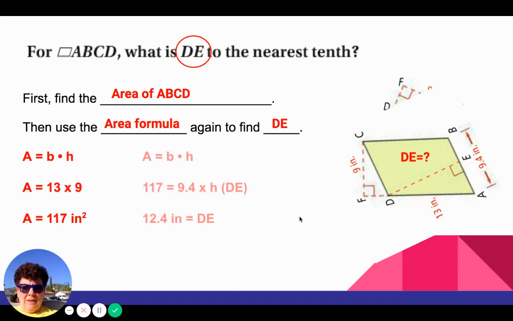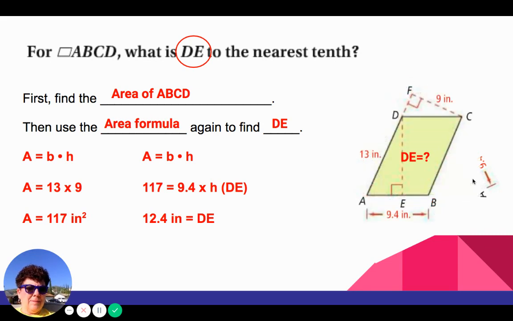Then we're going to use the formula again with the area that we know, plug in the base the other direction so that we can find that perpendicular height, which is the segment or the distance DE. Now we're just going to divide, 117 divided by 9.4, and we get that height, 12.4, which is DE.